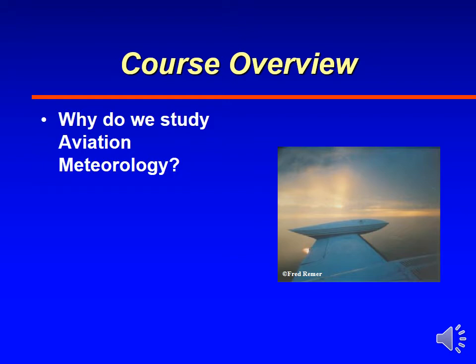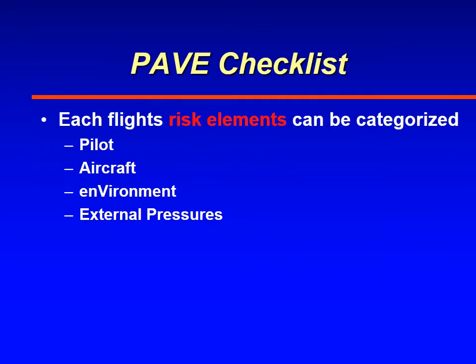So why are we so concerned about understanding the weather when we fly? Every time we fly, we have risks that we need to manage and minimize. Everything that you do, there is a risk, and you assess those risks, and then you decide whether those risks are acceptable or if you can minimize them and then accept them.